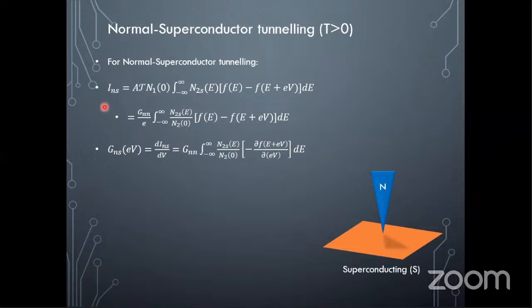Now it turns out that GNS of eV, which is the differential conductance dINS/dV, equals GNN, the differential conductance for normal to normal tunneling, times an integral over energy of the density of states of the superconductor times the differential of the Fermi function at energy plus eV with respect to eV.